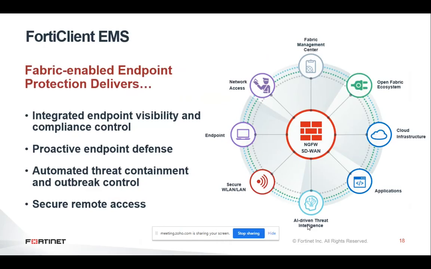So in this section, I will give you a deeper understanding of the management system perspective of the endpoint, which can enforce policy and fix vulnerabilities found on the FortiClient.